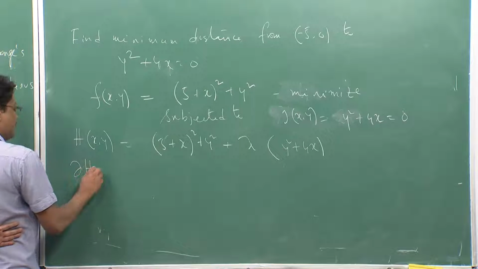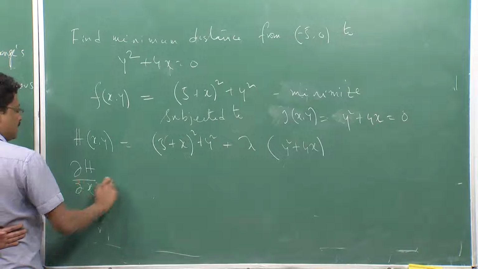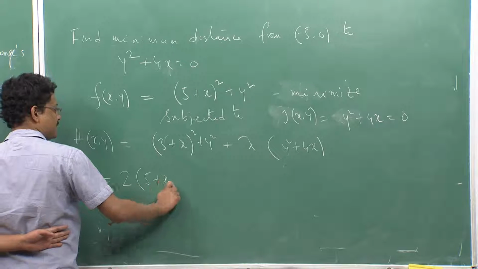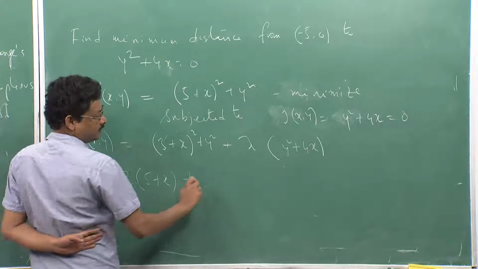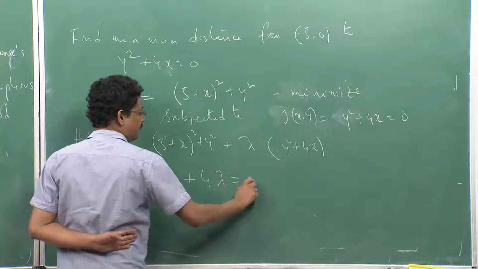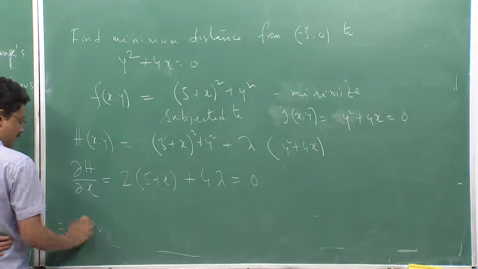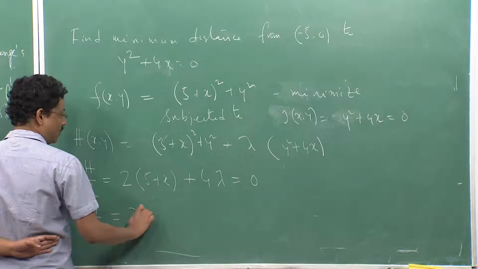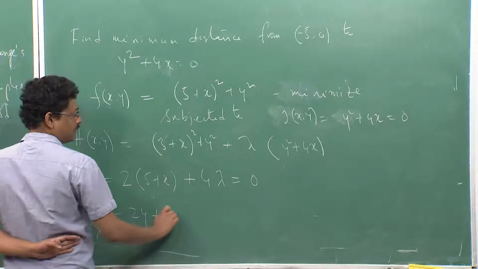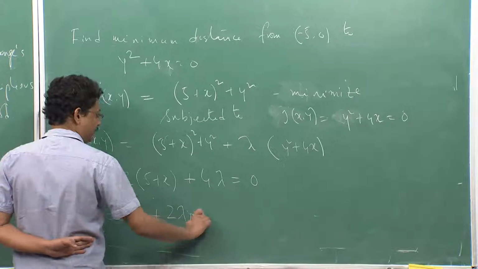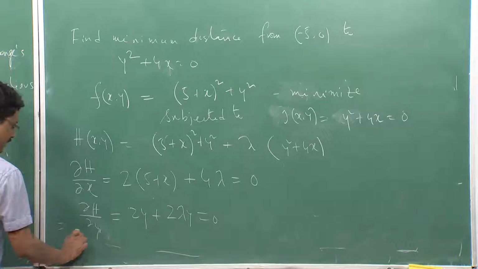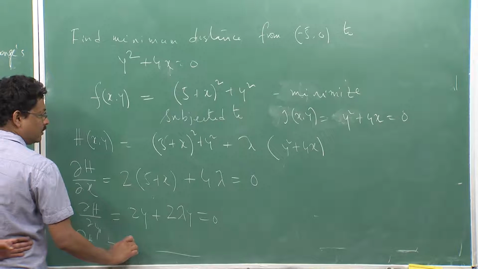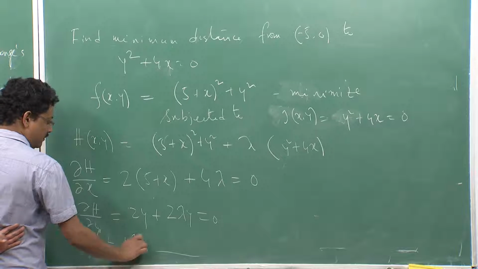So, that is del h del x, how much is that? 2 into (5 plus x) plus 4 lambda, that I will put to 0. del h del y is 2y plus 2 lambda y equal to 0, and del h del lambda is y square plus 4x.